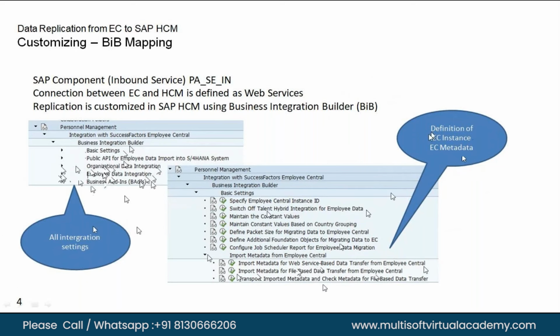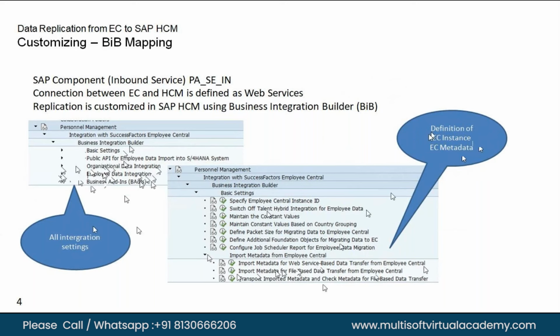Under that ID, we will maintain the organizational data template groups and employee replication template groups. So the EC instance plays a vital role to import the data from Employee Central. It will facilitate mapping the relevant EC fields with the info type fields. This is a very crucial step.